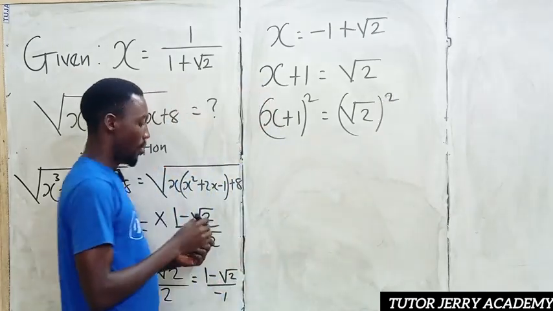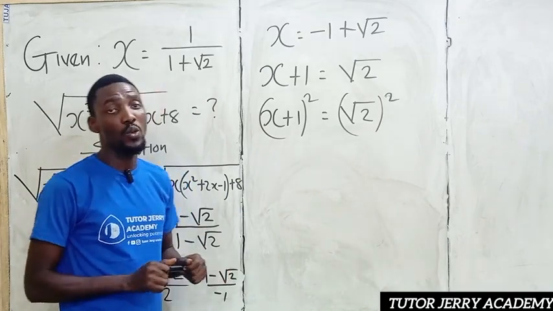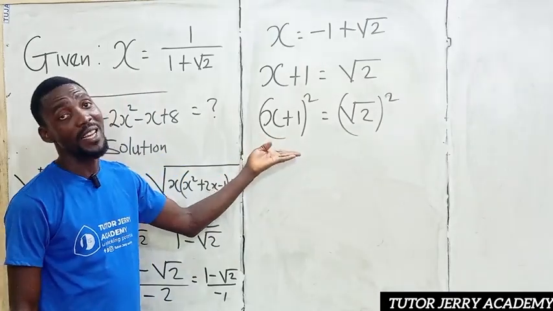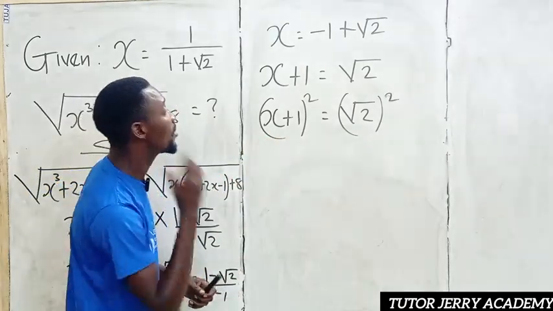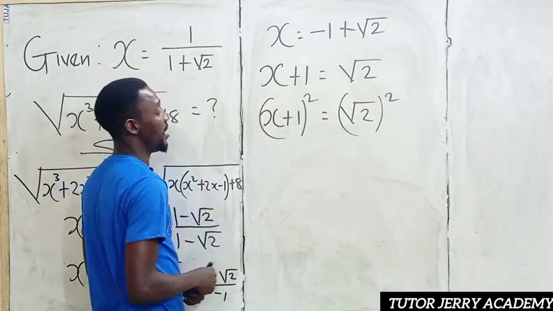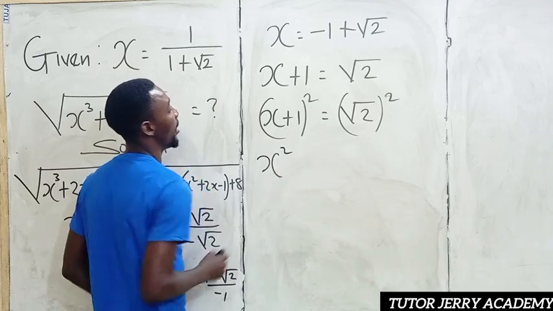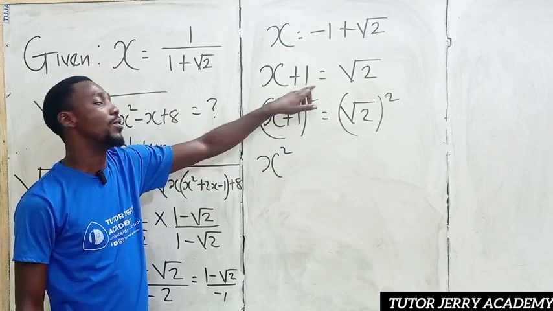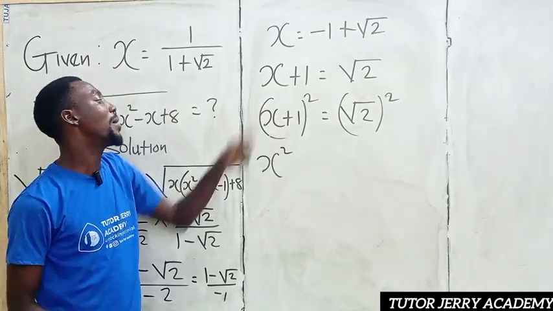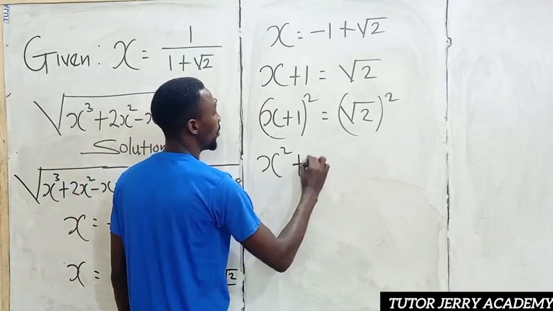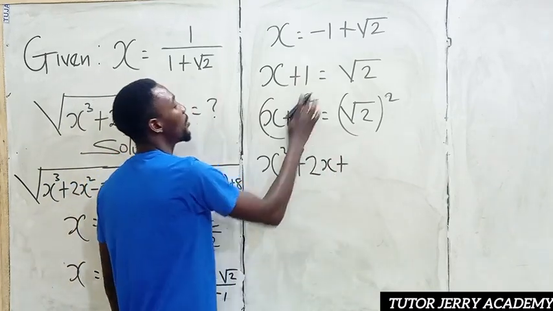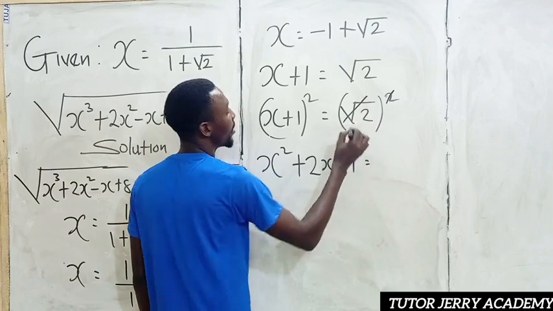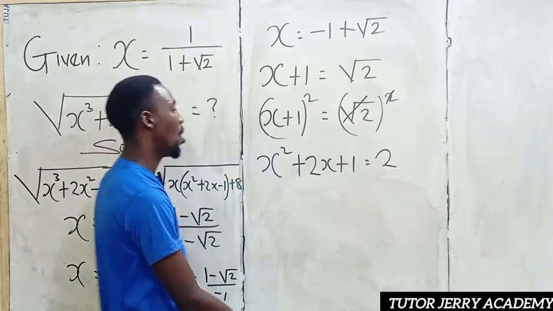Now the next thing we are going to do is expand. How do you expand this bracket? Easily. The first thing you do is put your square on this x, so I'm going to have x squared. The next thing you do is multiply x by 1 and by 2, so x multiplied by 1 multiplied by 2 is 2x. Plus, now we put our square on this 1, we have 1. Root 2 squared is 2.